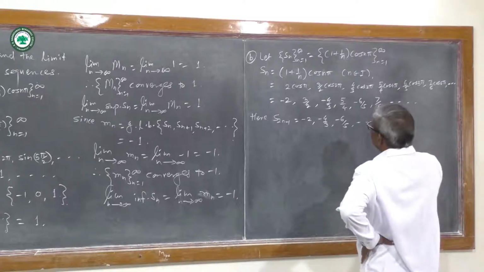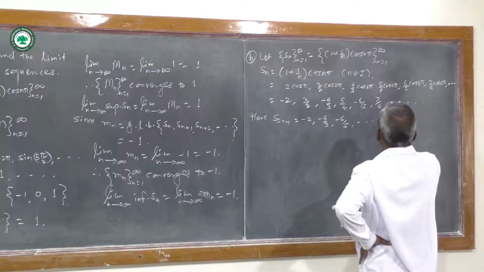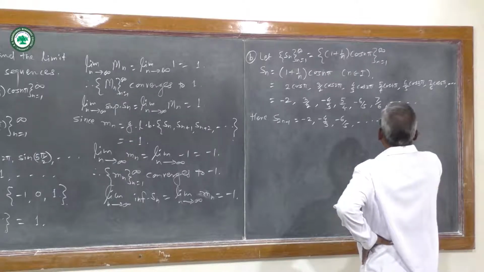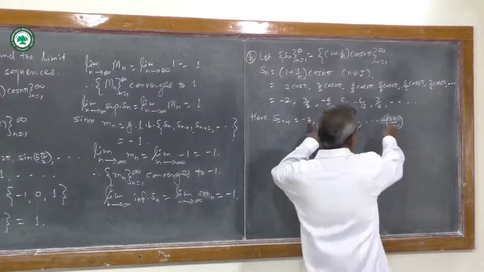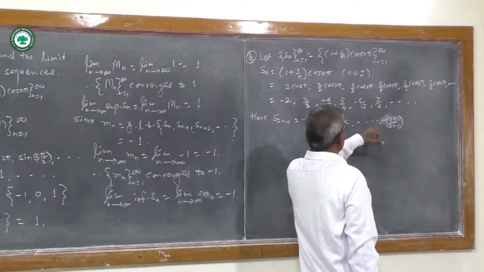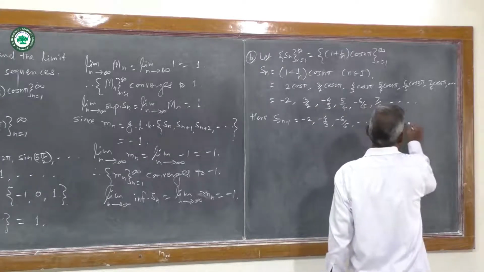If we put n is equal to 1, we must obtain minus 2n upon 2n minus 1. N is equal to 1, we obtain minus 2. N is equal to 2, minus 4 by 3, and so on, and so on.